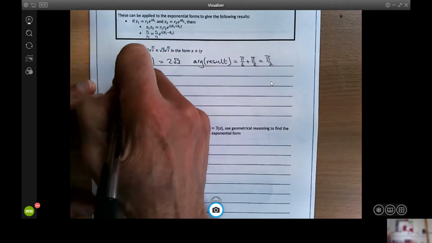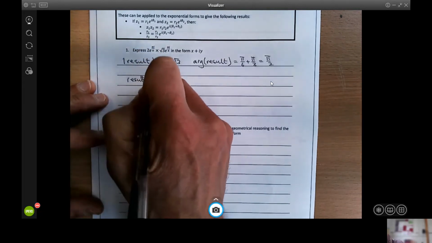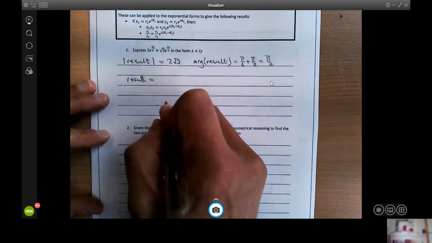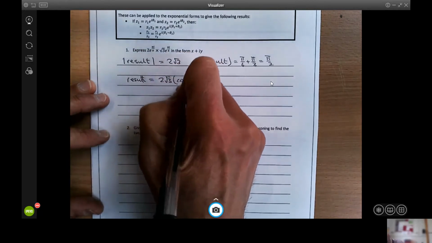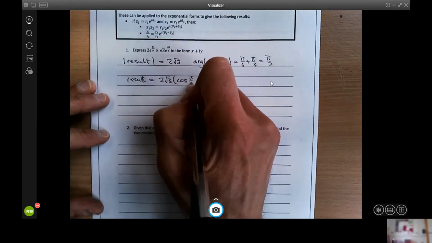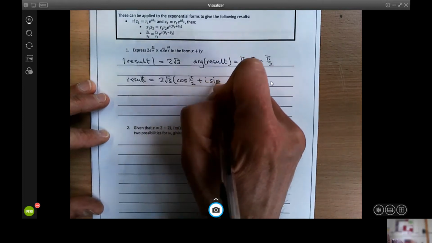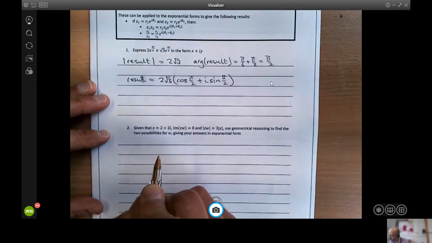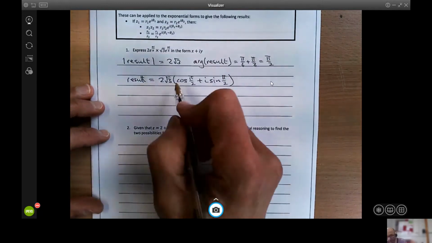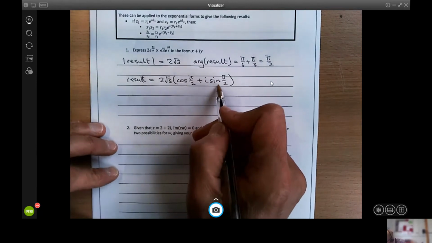So we can say the result of that calculation is equal to 2 root 3 (cos pi over 2 plus i sin pi over 2). And we know that cos of pi over 2 is 0 and sine of pi over 2 is 1.